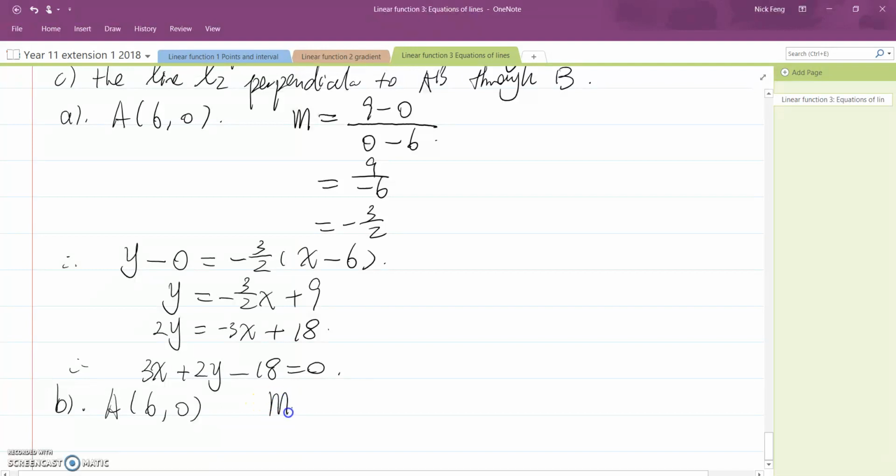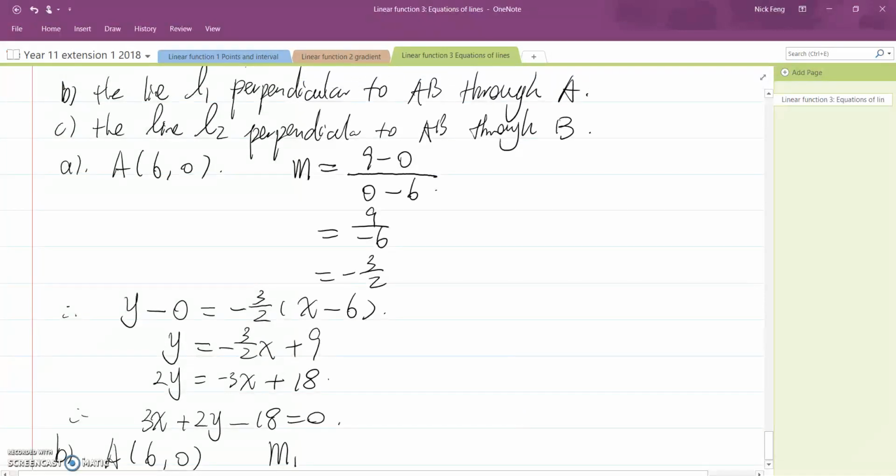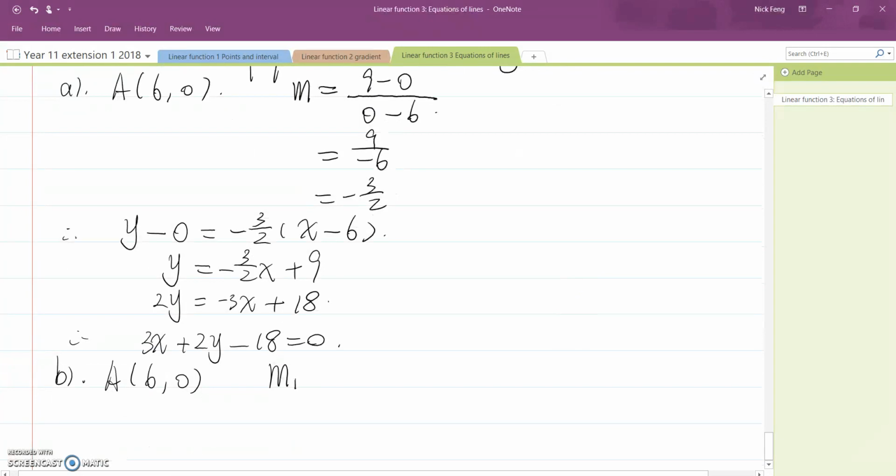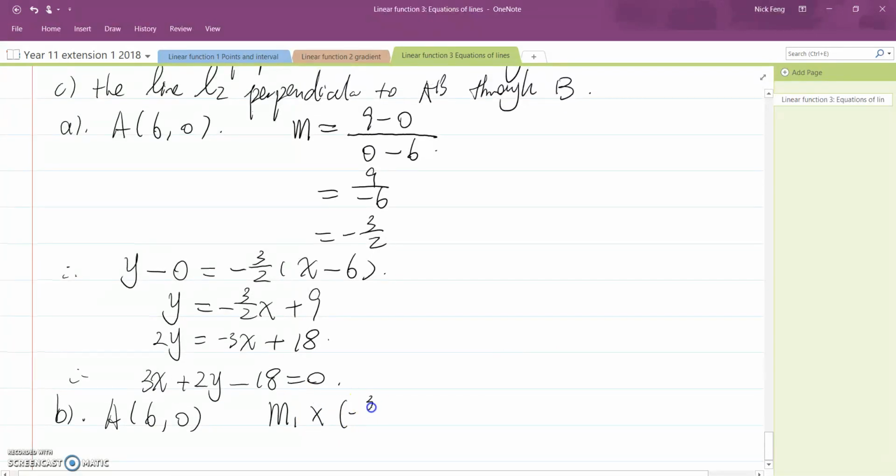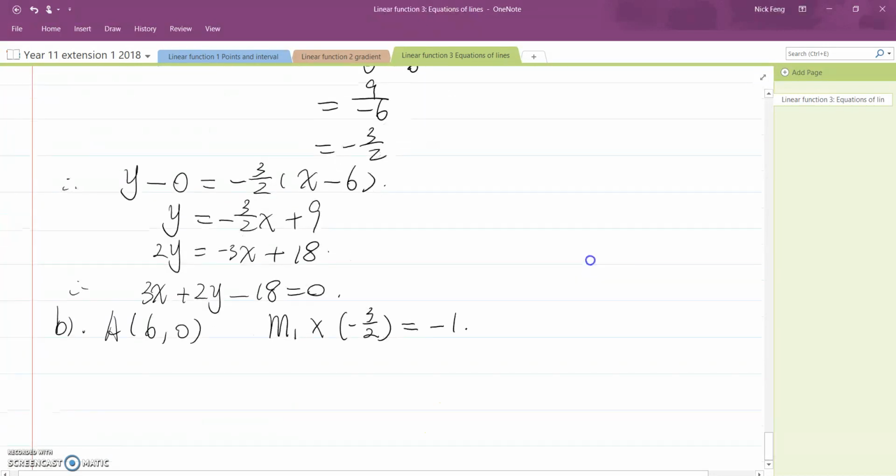What is the gradient of the line we're looking for? It can be obtained using the perpendicular information. Perpendicular means m1 multiplied by the given gradient, which you can call m2, equals negative 1. Make m1 the subject. Therefore, negative 1 divided by negative 3 over 2 gives 2 over 3.